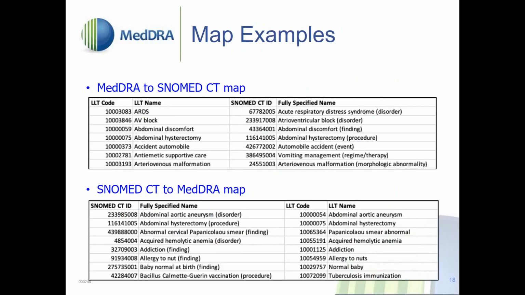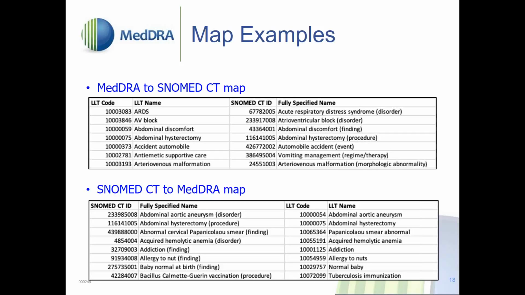These are exact conceptual maps. On the top, you can see the MedDRA to SNOMED CT map. We have the LLT numerical MedDRA code and the fully written out LLT name mapping to the closest concept in SNOMED with a SNOMED CT ID numerical number, as well as the written out name of the SNOMED CT fully specified name.